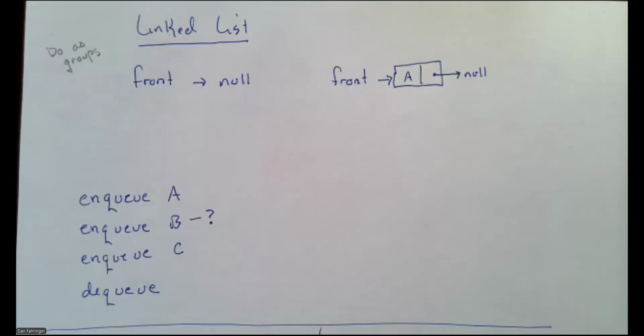Okay, so here we go. Nice and easy. You figured enqueue, we put A there. Now when I get ready to enqueue B, am I going to put it in the front or in the rear? In the front. You want to add it to the front. Okay.